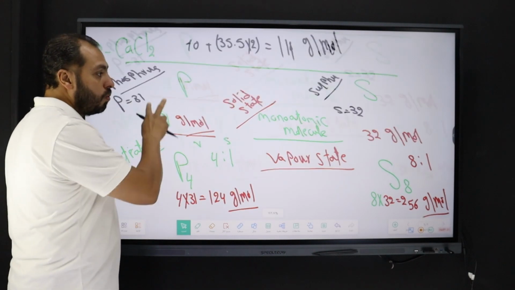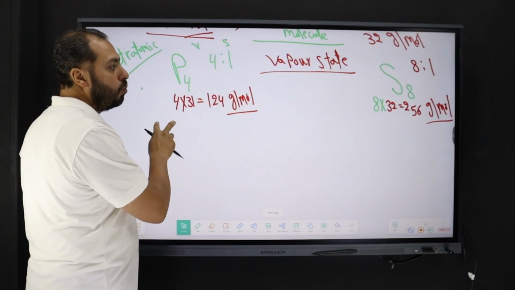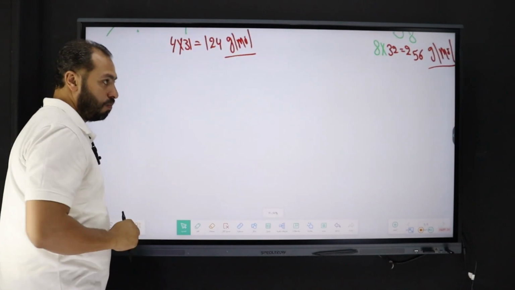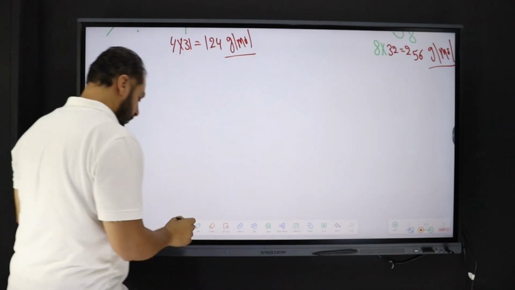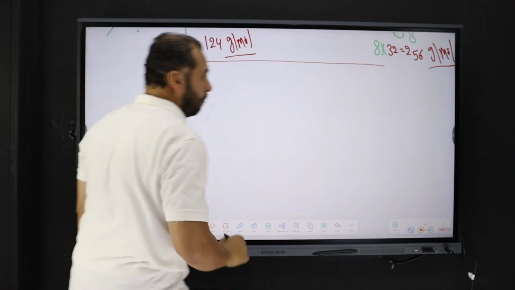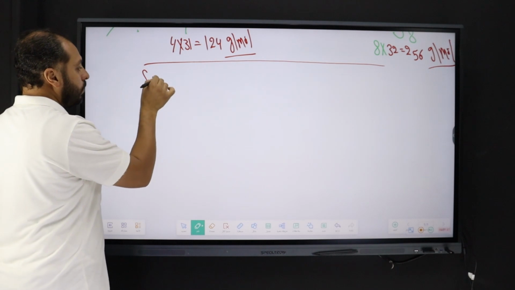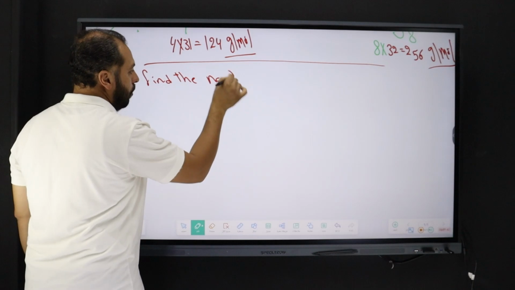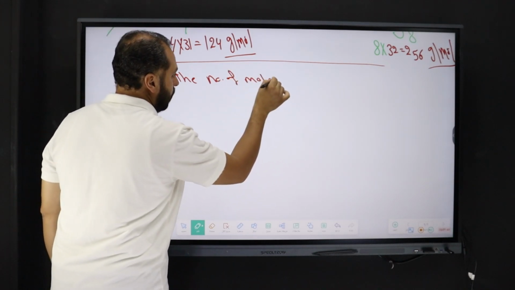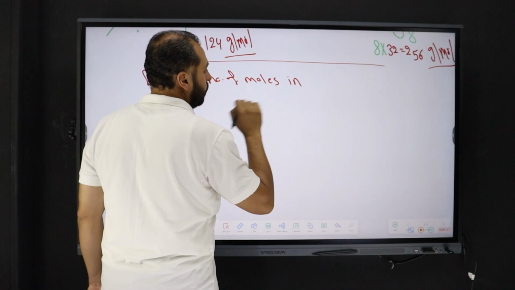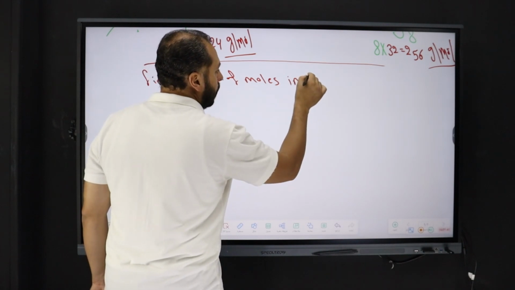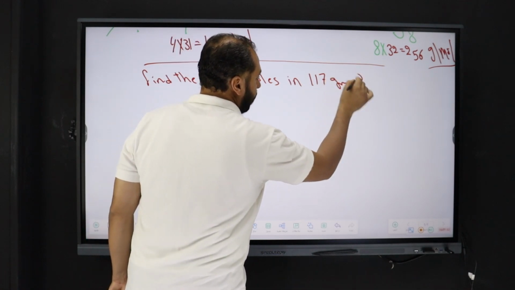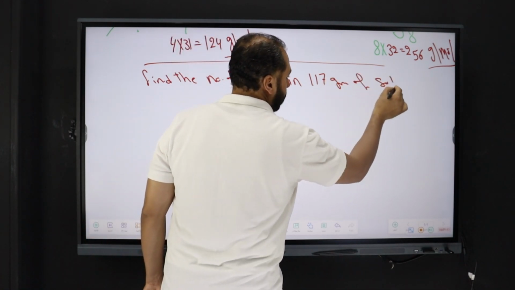But how can we calculate the number of moles in a certain mass that we get? For example, find the number of moles in 117 gram of sodium chloride.